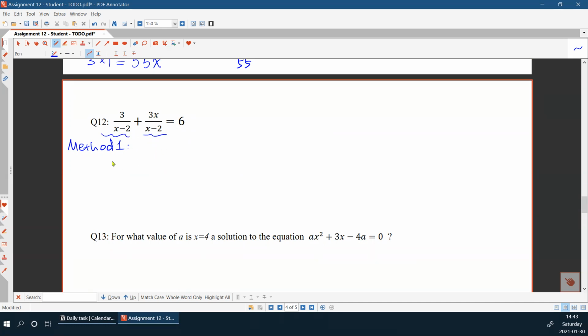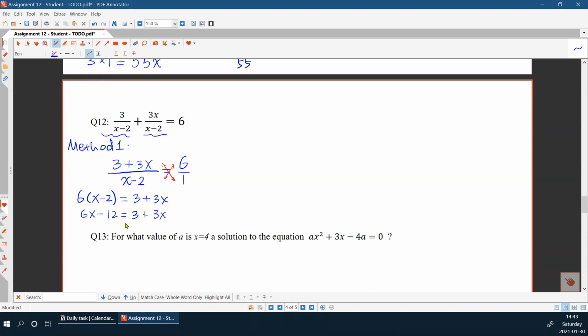That gives you 3 plus 3x over x minus 2, right? Equals 6. 6 is actually 6 over 1. Okay, next step, using the cross multiplication method. This gives us 6 times x minus 2 equals 3 plus 3x, right?